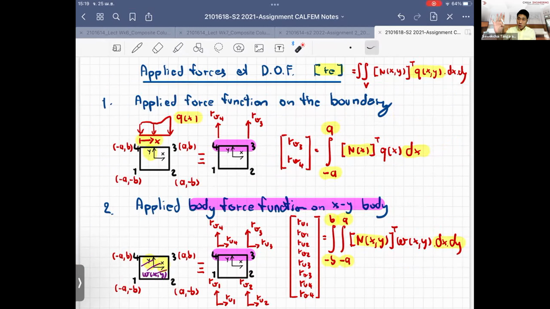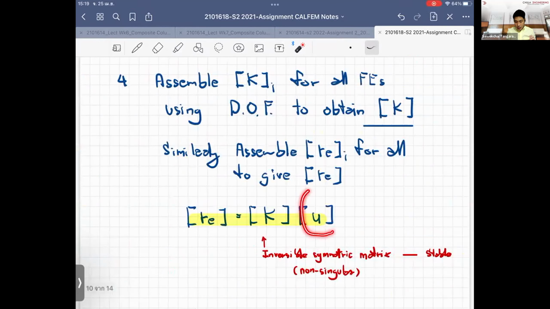Each element has 4 nodes, so you have 8 degrees of freedom. So you have to allocate the set of the actual displacements to the nodal degrees of freedom of each element, so each element gets 8 displacement values.